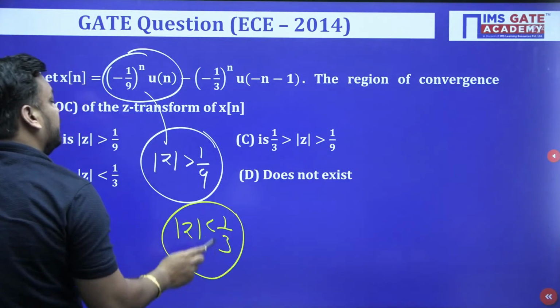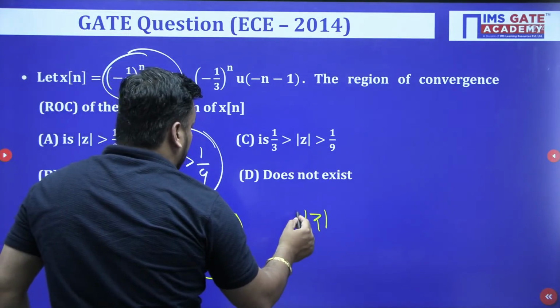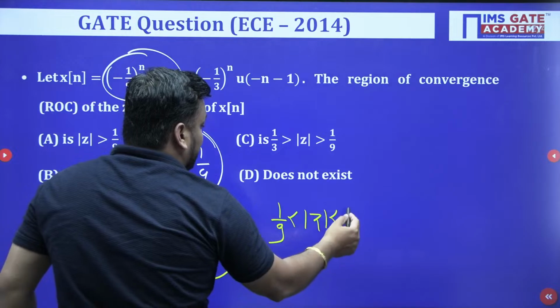Now 1 by 9 is the smaller value, 1 by 3 is the bigger value. So the answer is mode of z greater than 1 by 9 and less than 1 by 3.